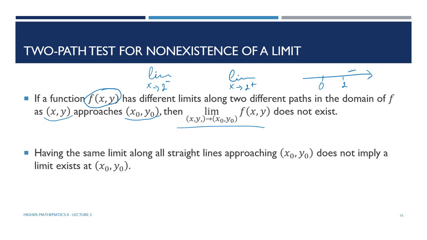If these two limits are not equal to each other, the limit does not exist. It's the same with this one, which is the function with two variables. Having the same limit along all straight lines approaching the point x0, y0 does not imply that a limit exists at this point.